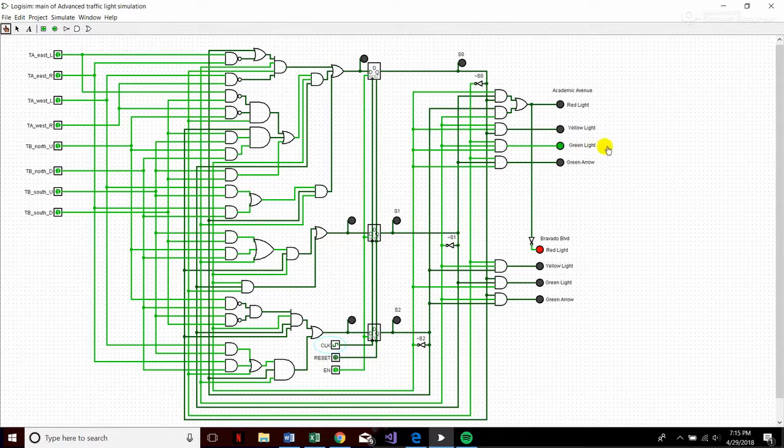And this green light will stay on, or rather, this state will be the same, so long as TA East Left and TA East Right, or TA West Left and TA West Right are on. If that condition fails, then it will go to the next state. So I'm going to run through the different input values to show how they would relate to different next states.